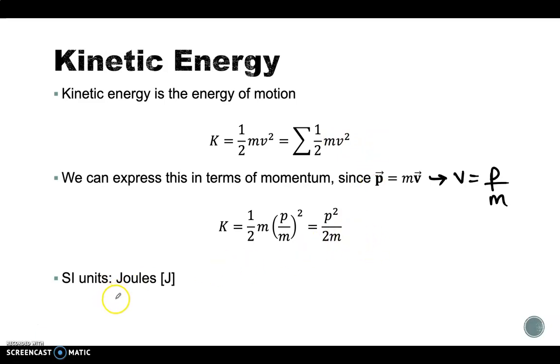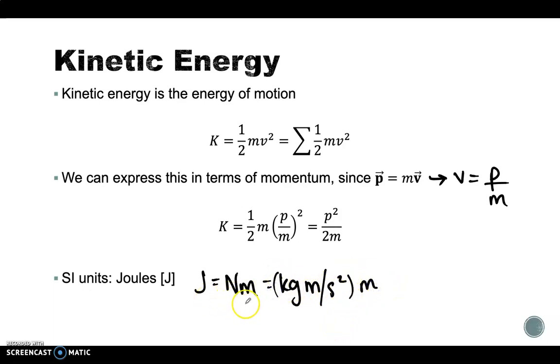The SI units of it, since it is an energy, are going to be joules as well. So we can make sure that this makes sense, since remember a joule is also a newton meter. Remember that a newton is kilograms meters per second squared.